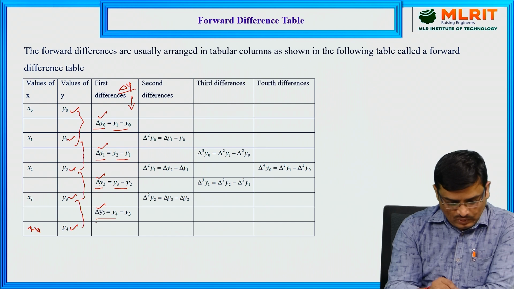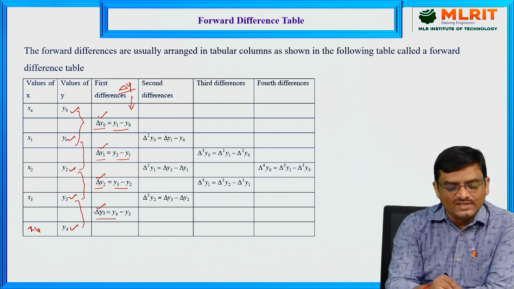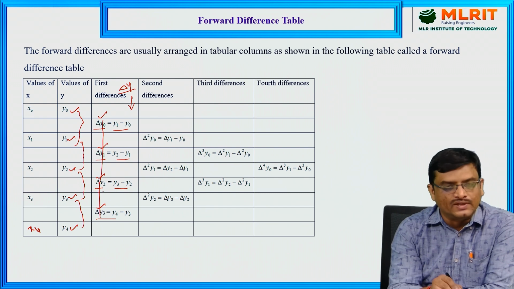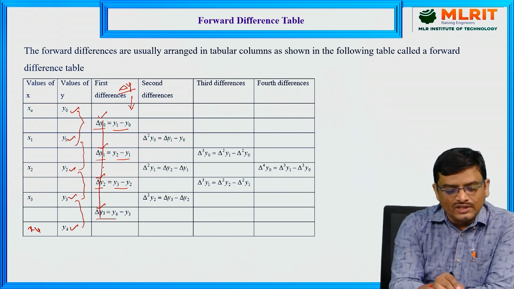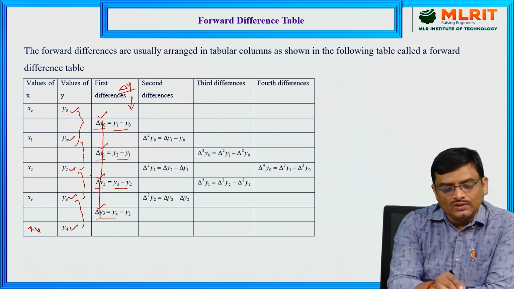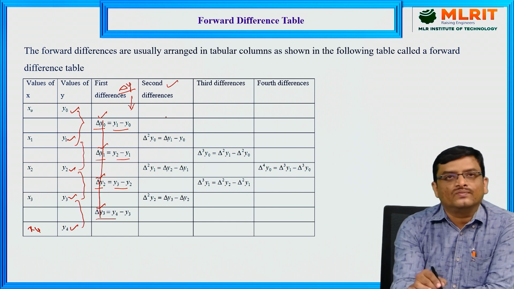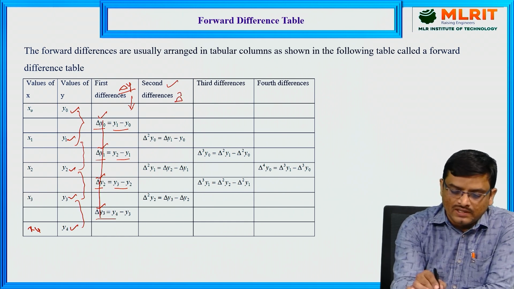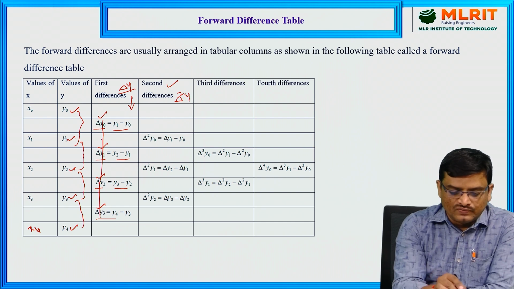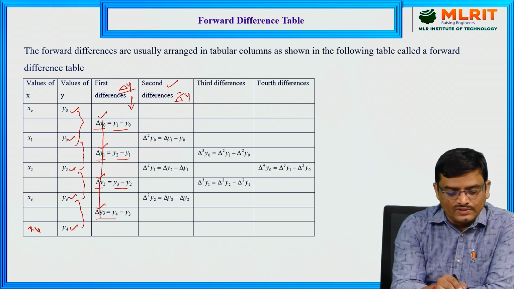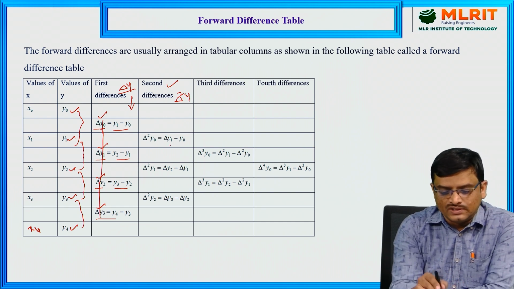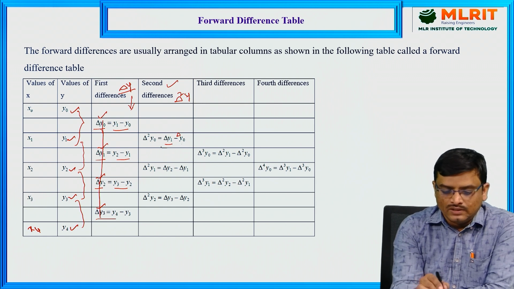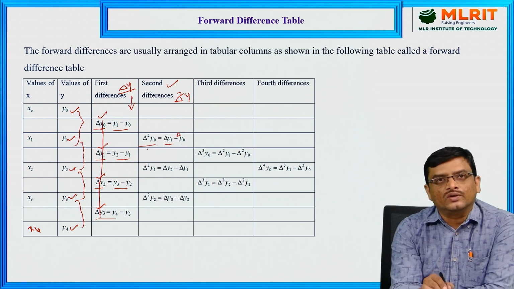Now once again you find out the differences of these values here. These are the resultant values in this present column. Now if you find out the differences of these values, then we can get our second differences of y values, which are represented with delta square y. So first value is delta y0, second value is delta y1. Find out the differences here. Delta y1 minus delta y0 is represented as delta square y0.